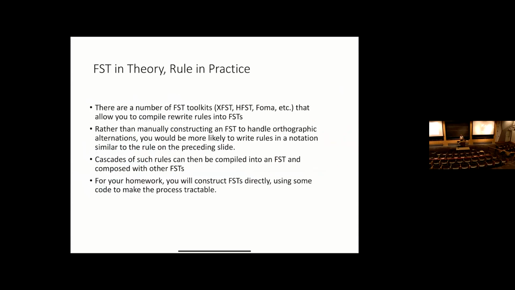And you can take cascades of them, compile them into an FST, compose them with other FSTs, and it's very convenient. But that's not what we're having you do for your homework. Because as I mentioned before, we're bad people, and we want you to learn through suffering. No, just kidding. We want you to learn, and we want you to learn the foundations.